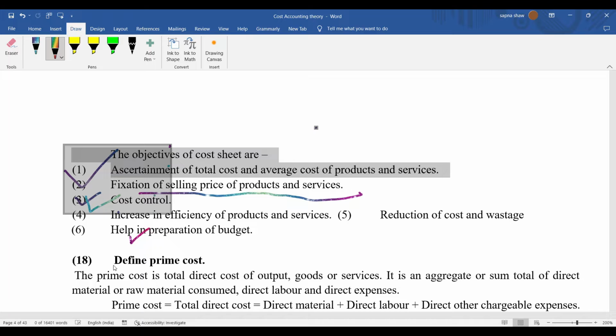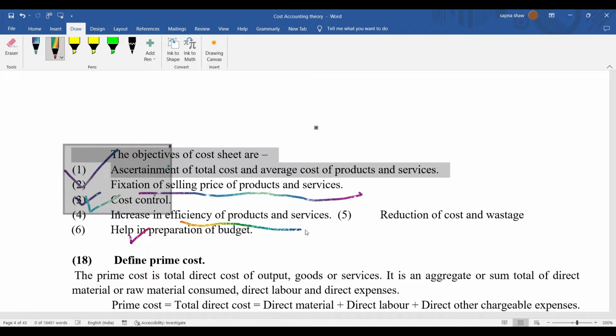So we ascertain the cost with the help of the cost sheet, fix the selling price and profit, and it also helps us control the cost, because we get to know the cost incurred for different things, and we can easily cut down the cost.